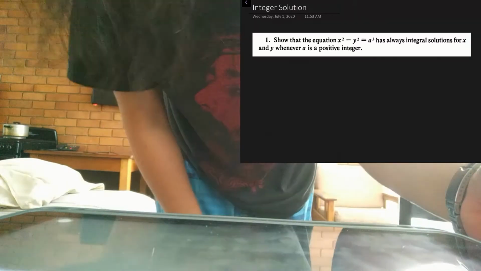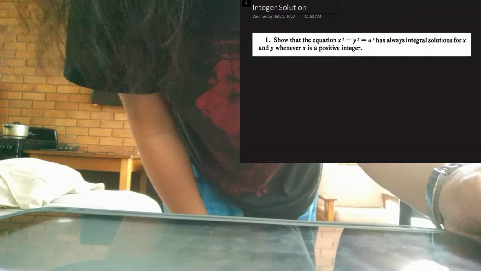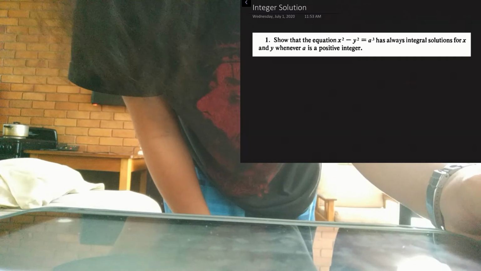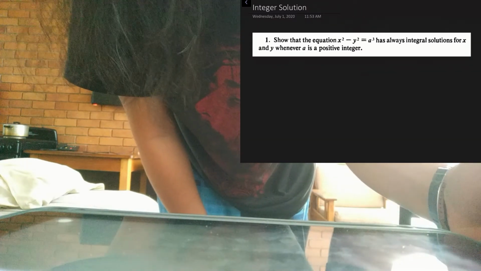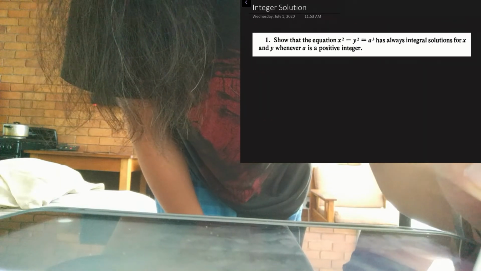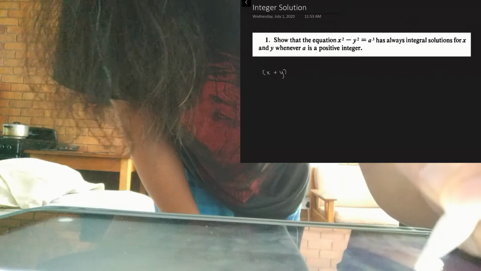But anyway, the problem reads: show that the equation x squared minus y squared equals a cubed always has integral solutions for x and y whenever a is a positive integer. So right away, we can factor x squared minus y squared.